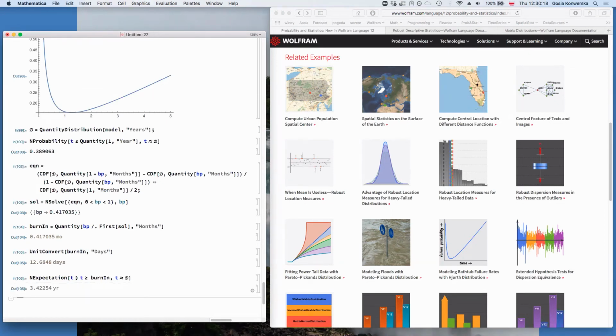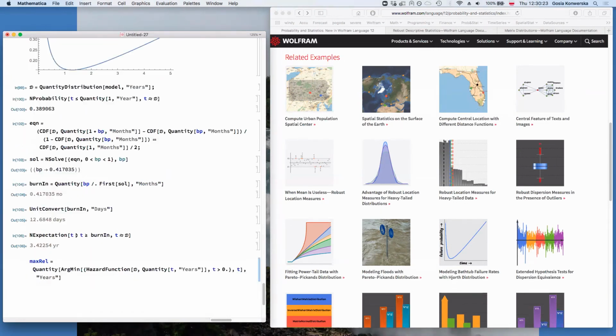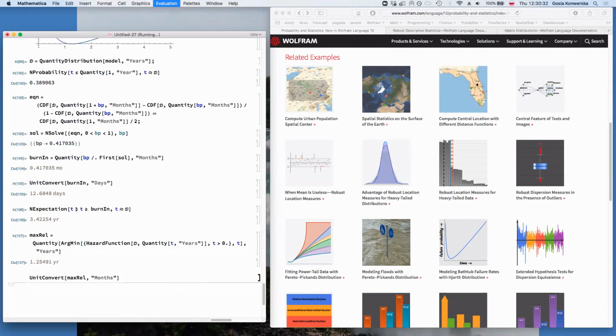So almost 3.5 years. And also we can ask the question, what is the time that the equipment is most reliable? So it's 1.2 years, and then again, conveniently 15 months.